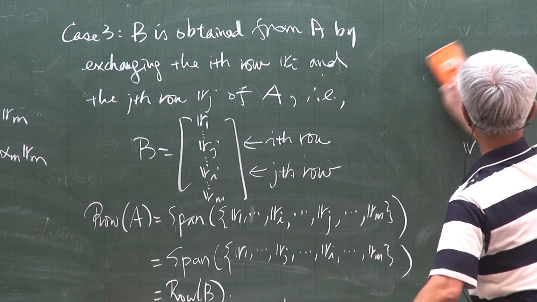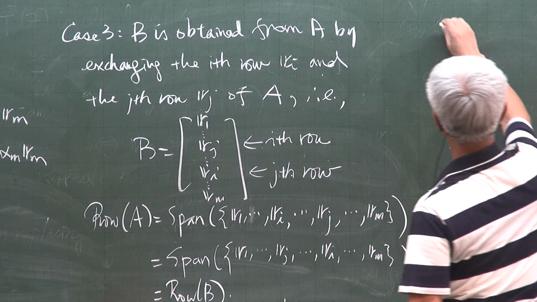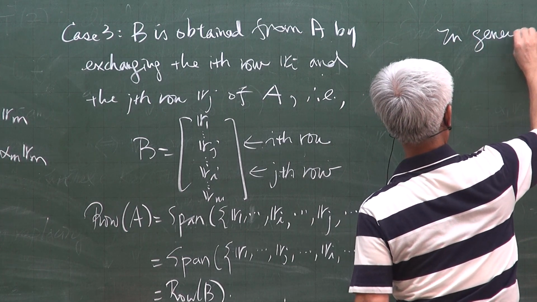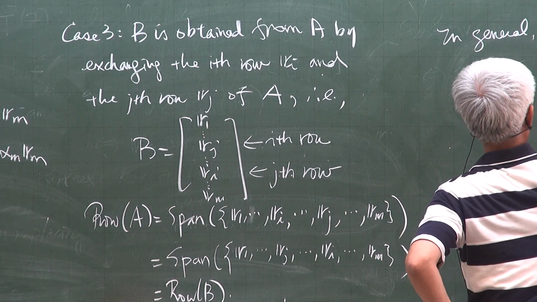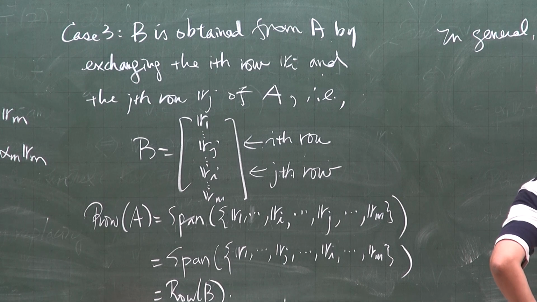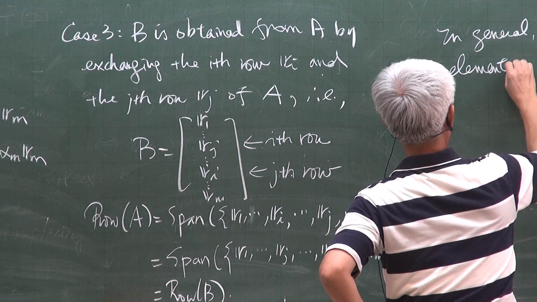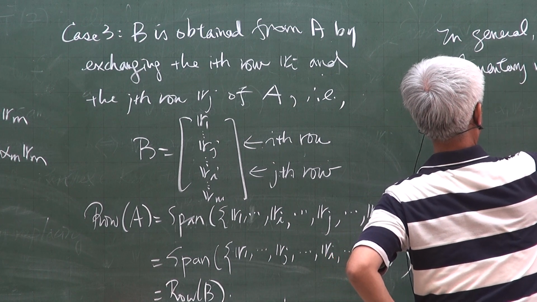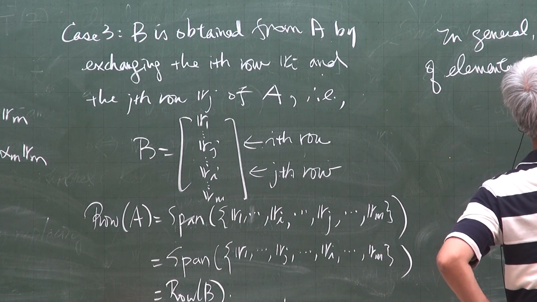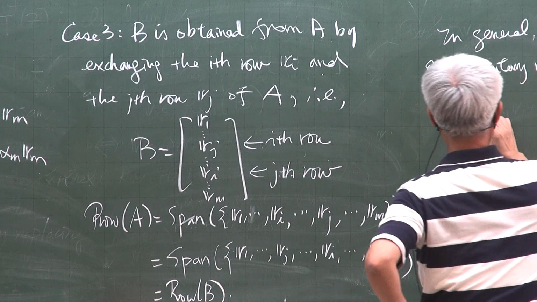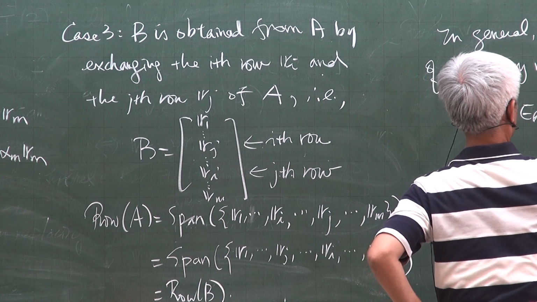Now for the general case. In general, there is a sequence of elementary matrices E1, E2, up to Ek such that B is EkE2E1A.